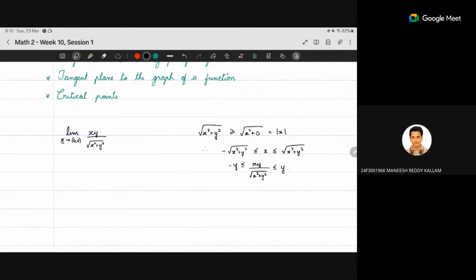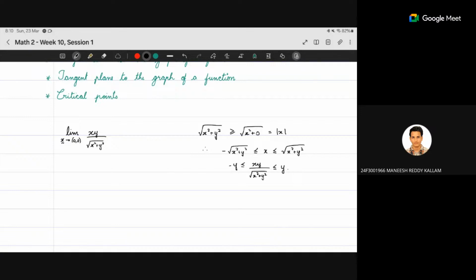So there are two things. If you want to show that the limit does not exist or is not equal to something, you can take two different lines. If you get a line along which the limit does not exist, then that is enough to give the negation that this limit does not exist.